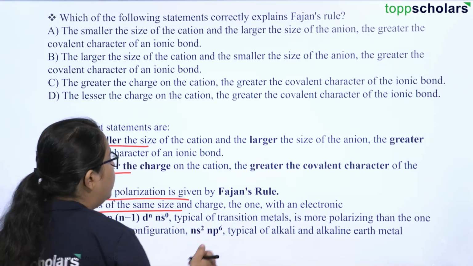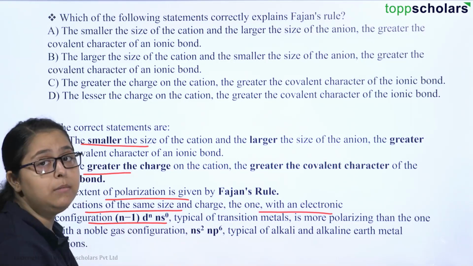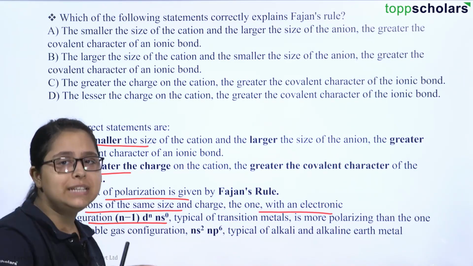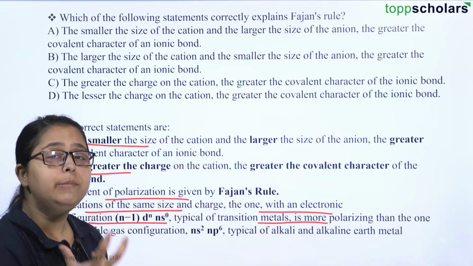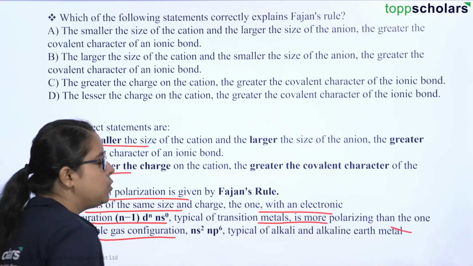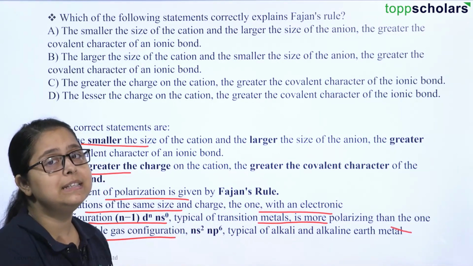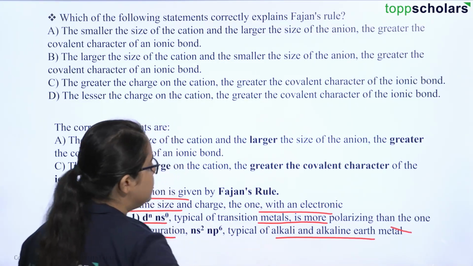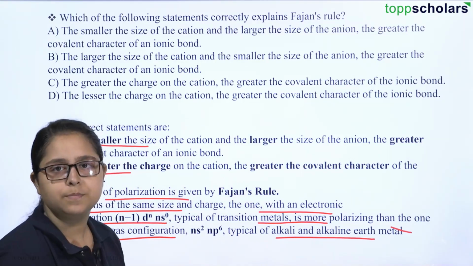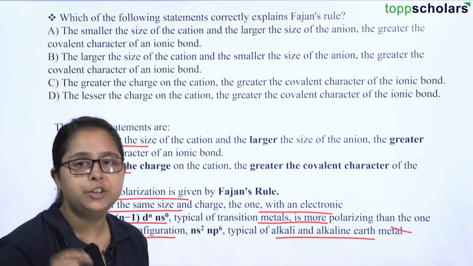Then we will say that the one with an electronic configuration of (n-1)d^n ns^0, which is typical for transition metals, will be more polarizing than the one having a noble gas configuration, that is ns2 np6. This is typically seen where? Yes, it is typically seen in alkali and alkaline earth metal cations. So, these are the 3 postulates of Fajan's rule which you should remember.